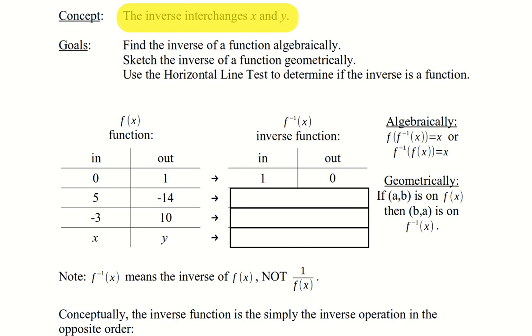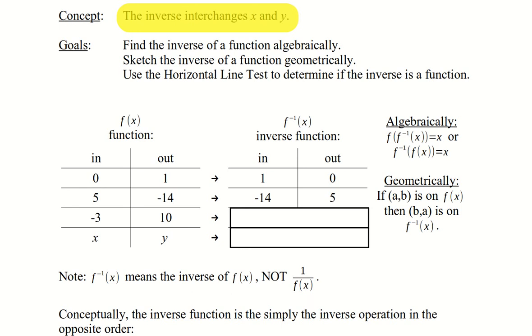So let's look at some more examples. Our function makes a 5 into a negative 14. The inverse function will take that negative 14 right back to 5. So if we put a negative 14 into the inverse function, out will pop a 5. Some of you have relatives like this. Whatever you do, they are excellent at undoing. One more numeric example.